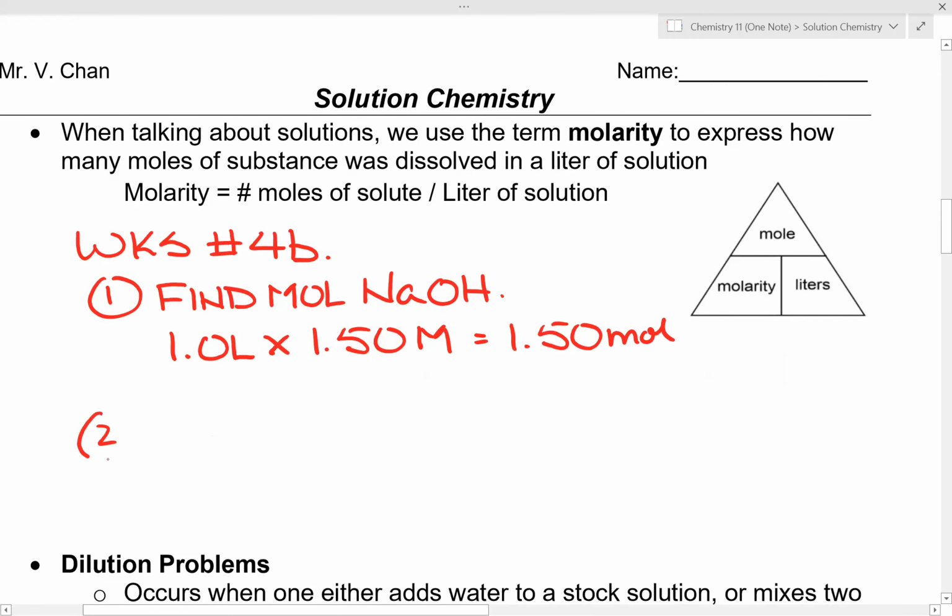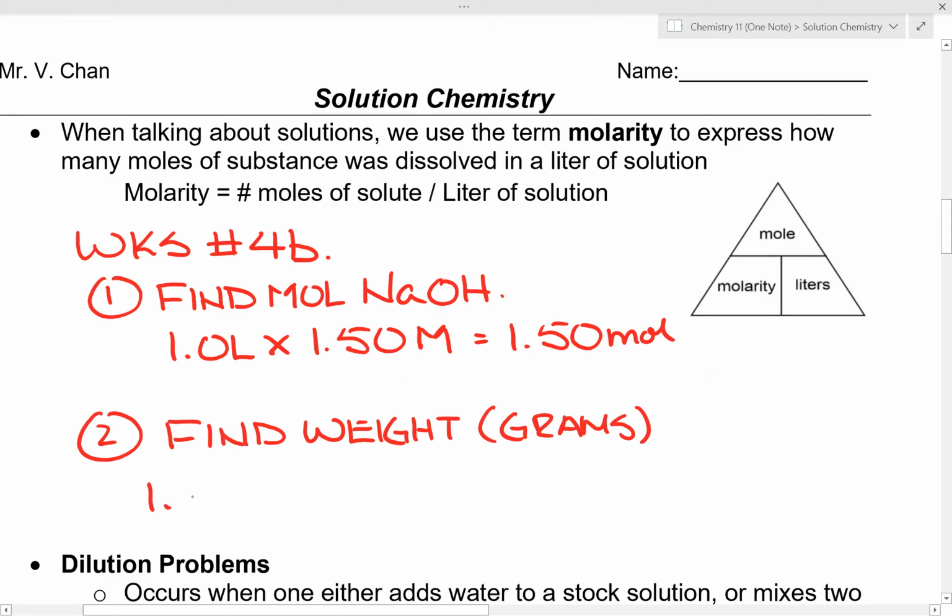Number 2 is we find the weight. When we find the weight, that means we're looking for grams. So we have 1.50 moles times the molar mass of sodium hydroxide, which is 23 plus 16 plus 1, which is 40.0 grams, all over 1 mole.